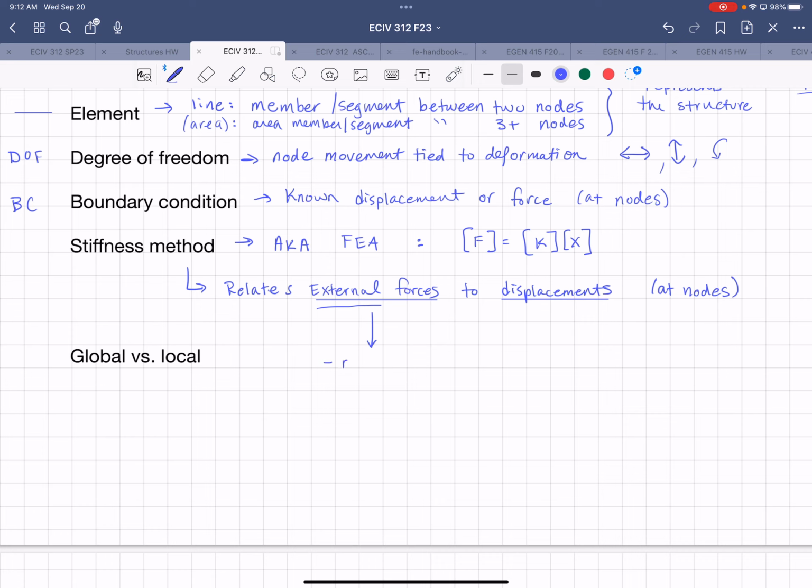All right, so external forces in this equation, F equals kx, the external forces are represented by the F matrix, right? So sometimes we use capital F, sometimes we use lowercase f. Sometimes it's a preference of whoever's writing it.